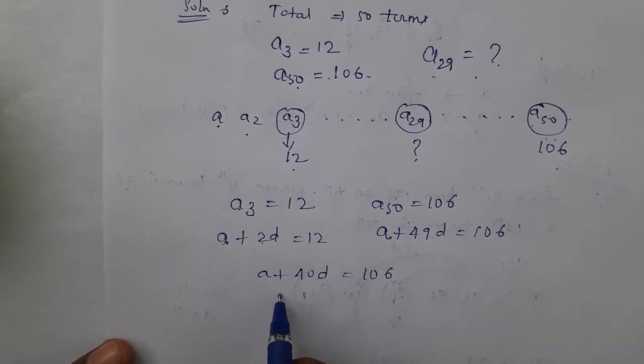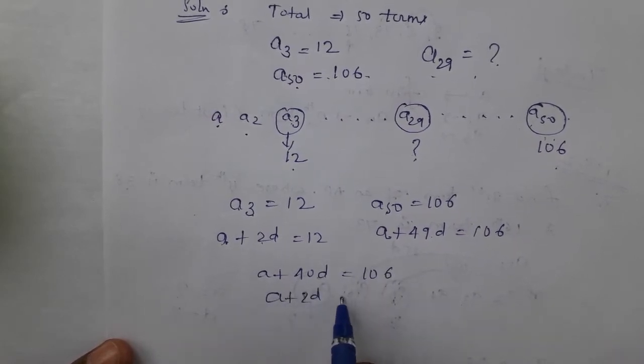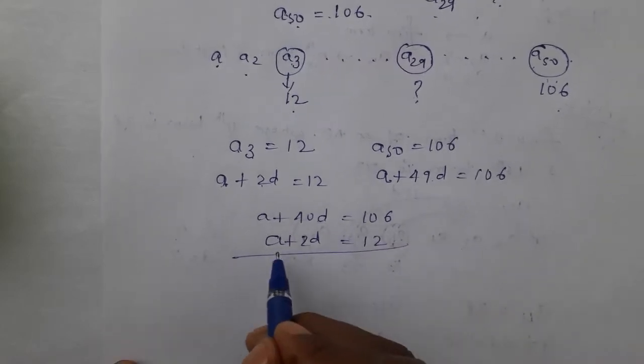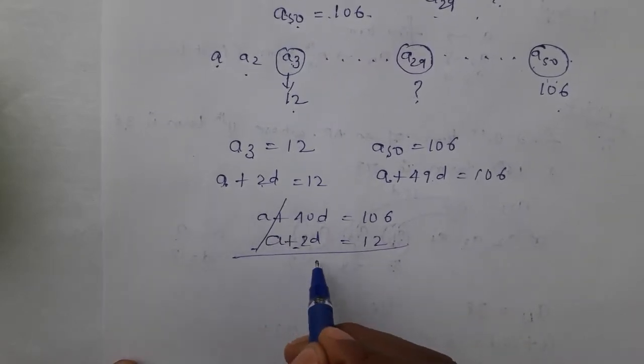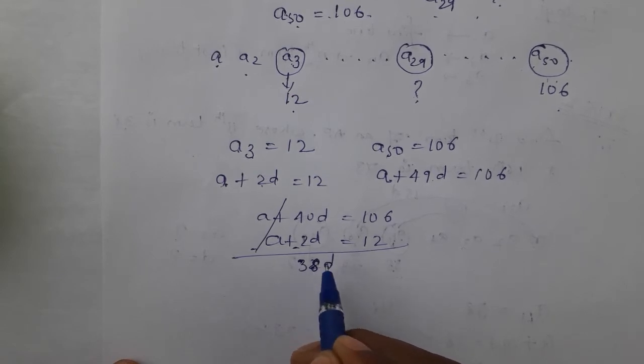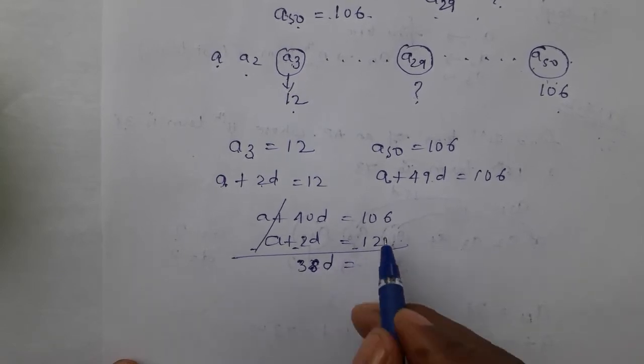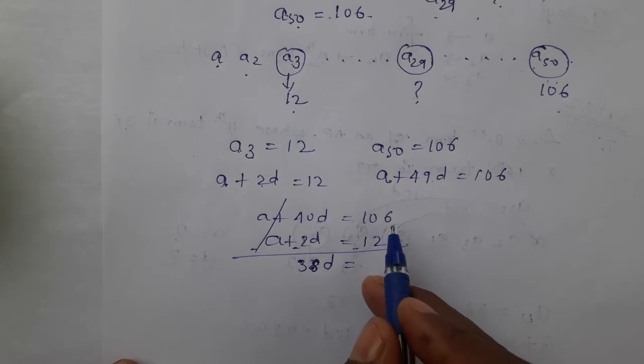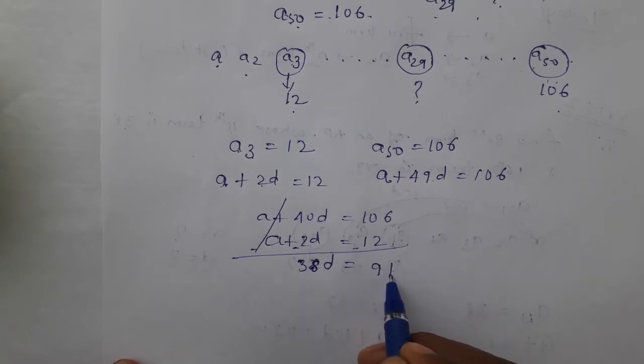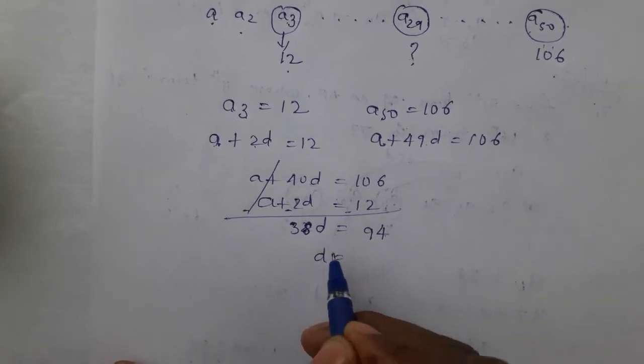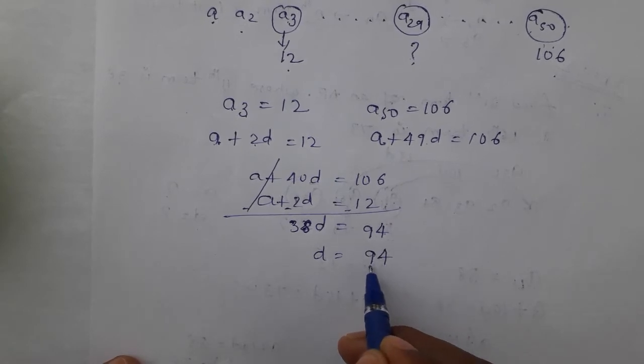This one we write above, the smaller one we write below. We go for sign change, cancel. It is 38D. Correct, no? 38D equals sign change. Here also in 106, 12 is subtracted, it is 94. D is equal to 94 divided by 38.